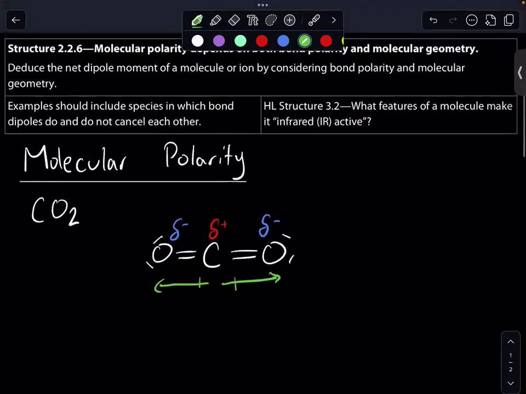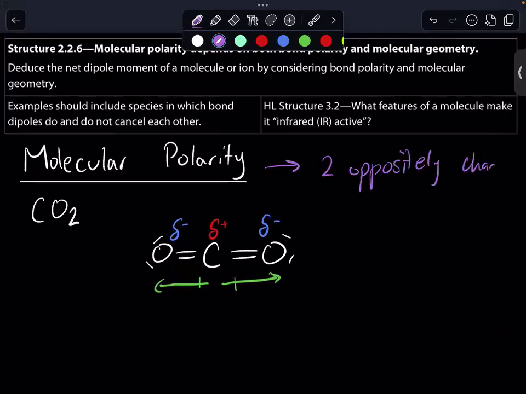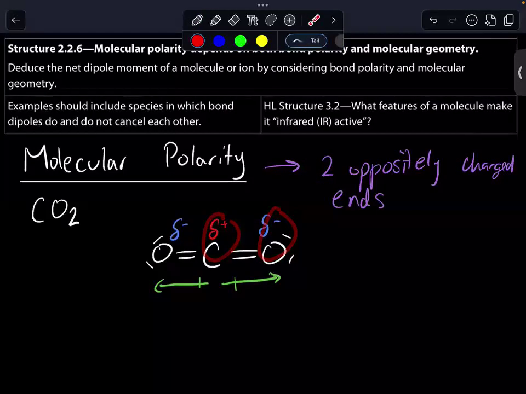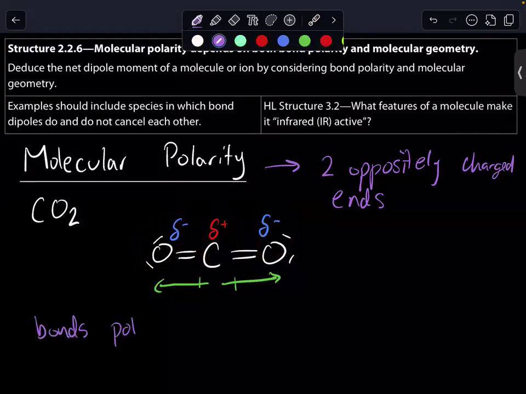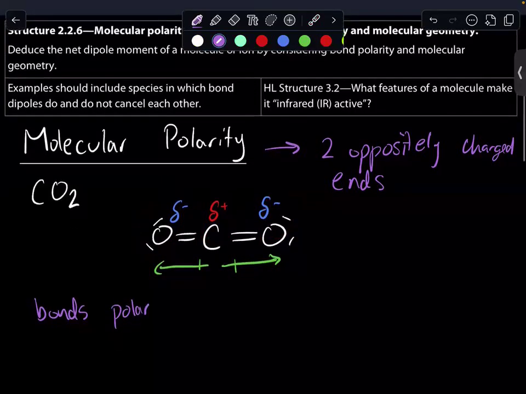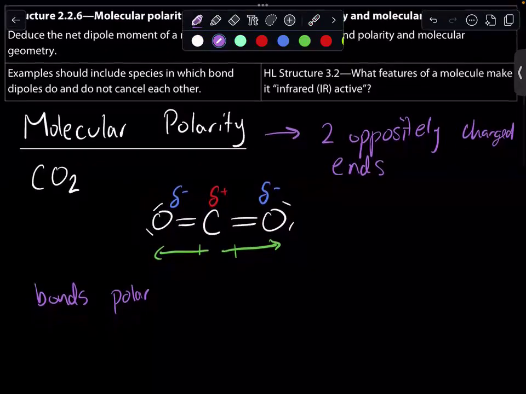When we look at the word polarity, we defined it before as having two oppositely charged ends. And that's why we have these two dipole moments. We have positive, negative, but we have positive, negative. So we got to ask ourselves a few questions. The bonds are polar. We know that. But what else might be polar?